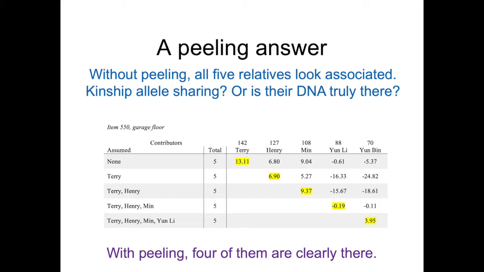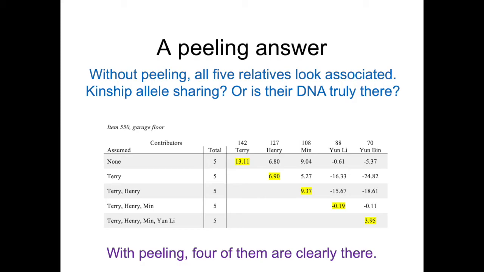In the first row, without assuming any conditioned genotypes, we see in yellow that son Terry has a log LR value of about 13, or 10 trillion. He is associated with the stain. In the second row, conditioning on Terry's genotype, we see highlighted in yellow a log LR value of 6.9, which is around 10 million, between the garage floor stain and son Henry.